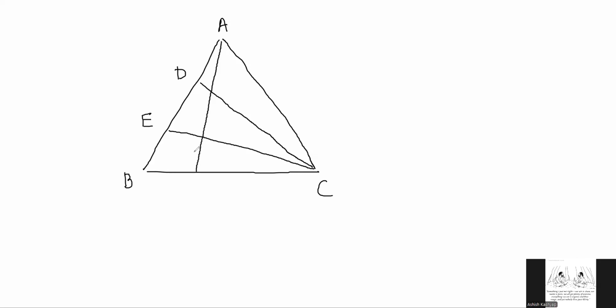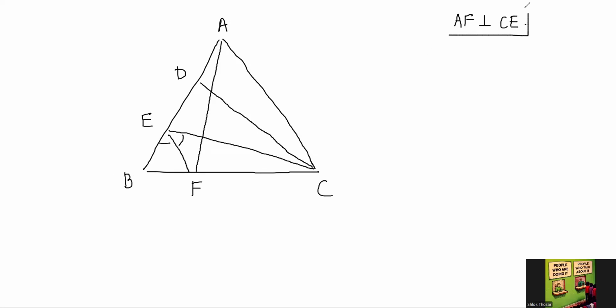Tell me. Sir, angle CED is equal to 72 degrees, and we can figure that angle, CF and that intersection point, let's call it T. And sir, that angle is also 72.